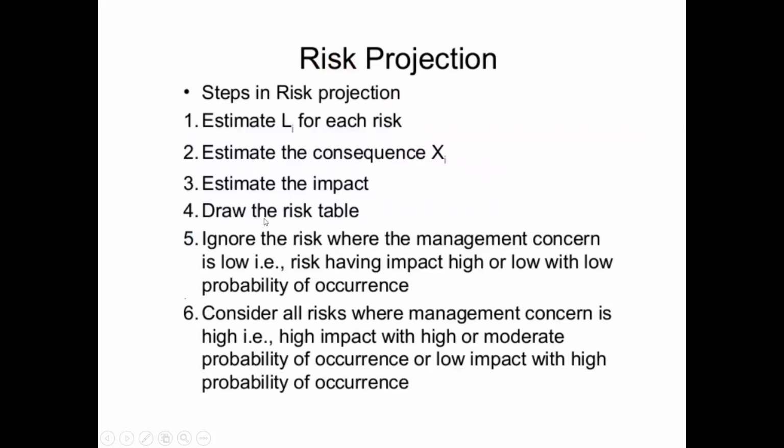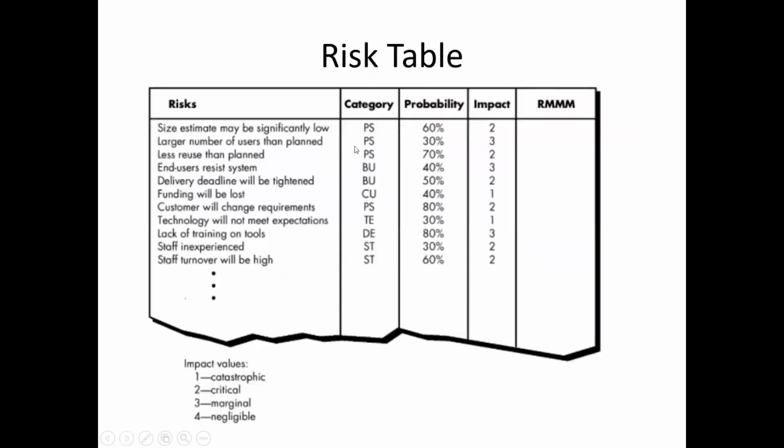After doing projection, we have to make one risk table. In the risk table, all the risks are taken into consideration, with how much probability each has of arising or not, and what impact each particular risk has, which I have calculated here in this risk table.